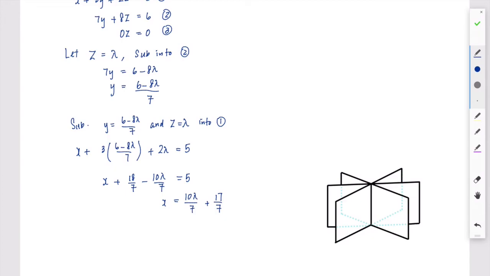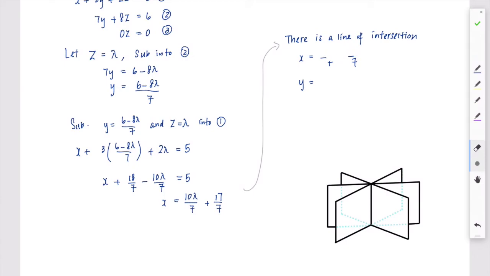So what does this imply? Let's go to the slide here. This implies that there is a line of intersection, which has the parametric equation x equals 10 lambda over 7 plus 17 over 7, y equals 6 over 7. Let me write it in order.